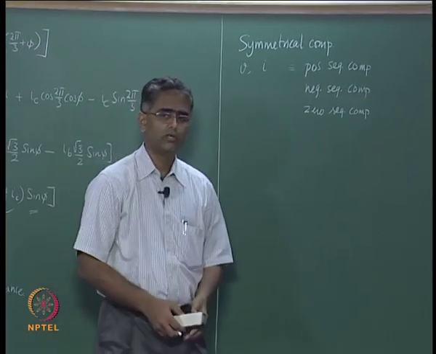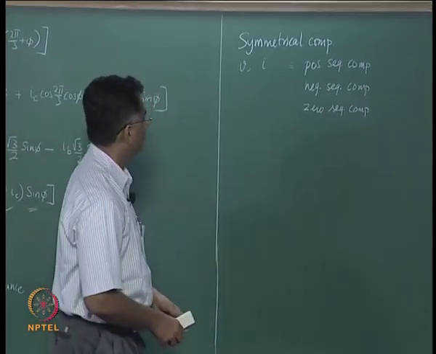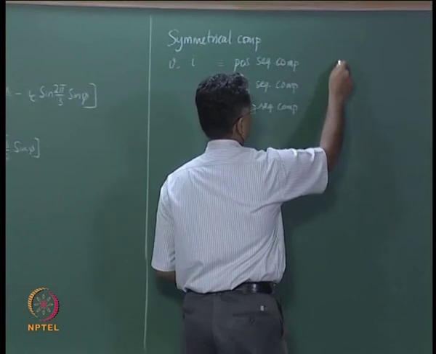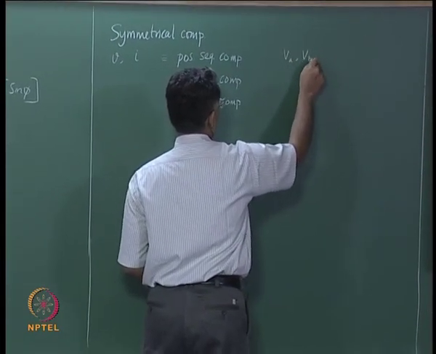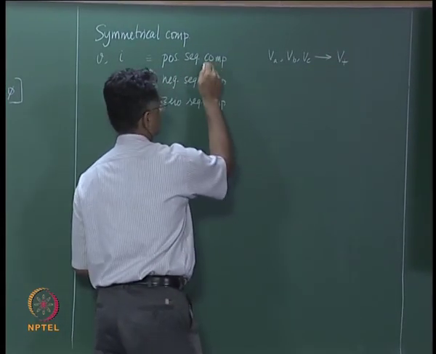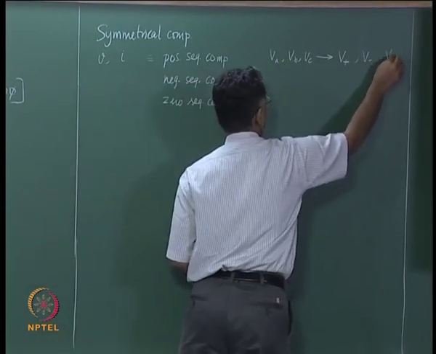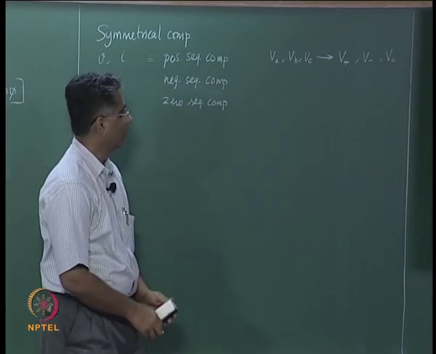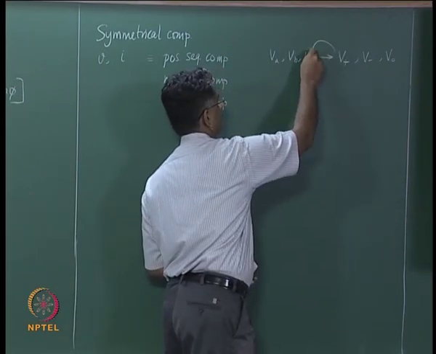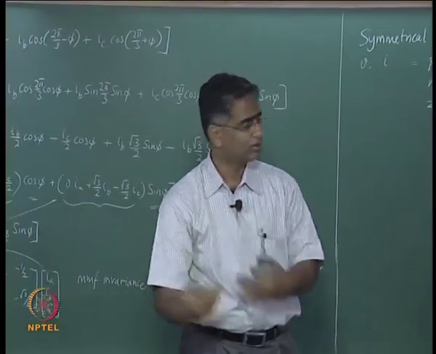What one can show is, if you look back on the subjects that you have learnt in order to find out what these things are, you know that given VA, VB and VC, you can determine V plus, which is this, and V minus, which is the negative sequence component, and V0, which is the zero sequence component. Or having been given V plus, V minus and V naught, you can also get VA, VB and VC. These two are interchangeable. If you know one, you can find the other.